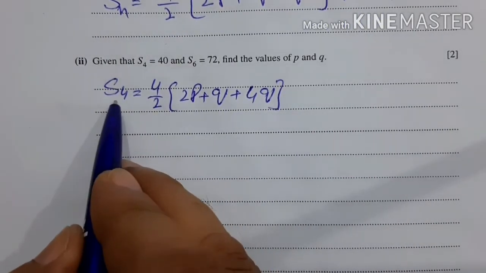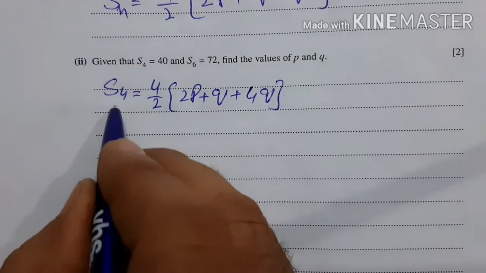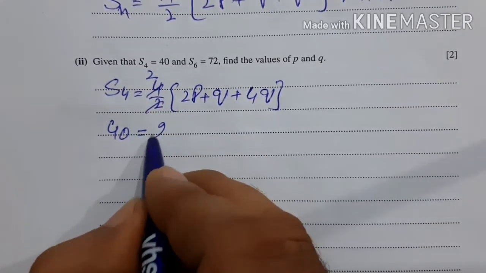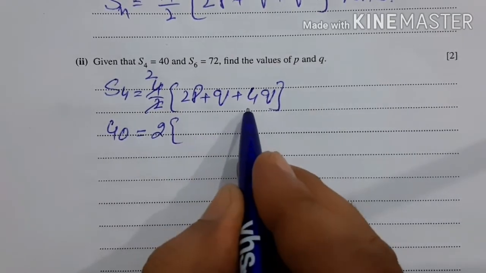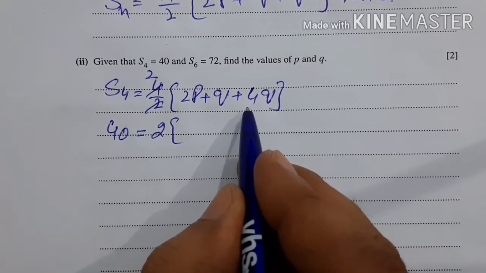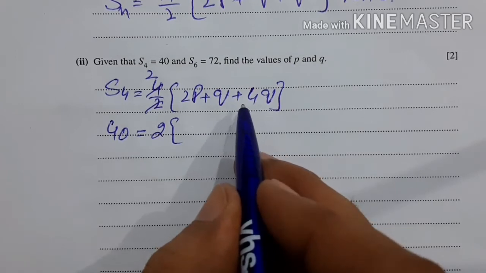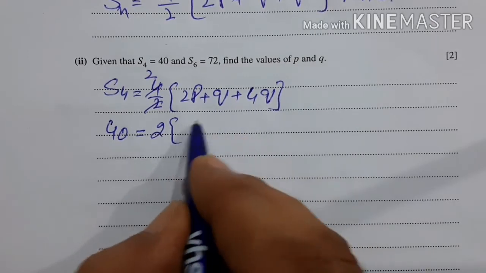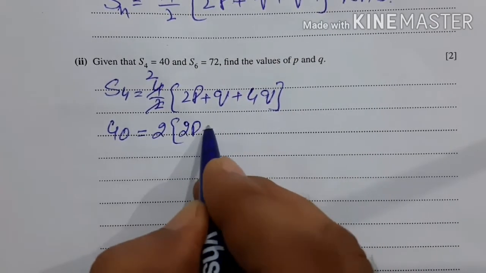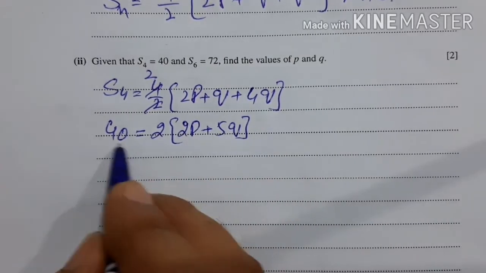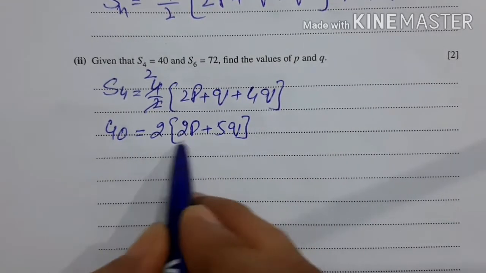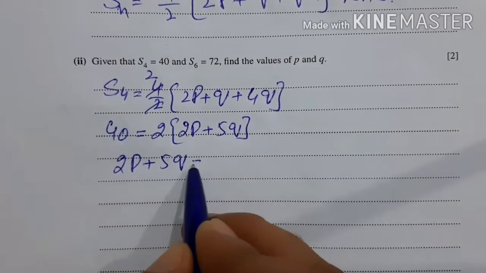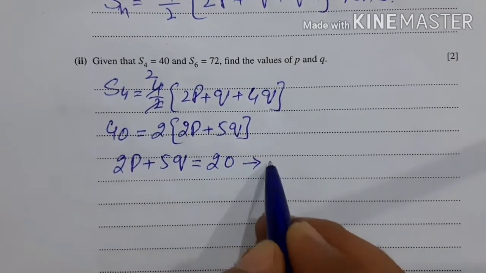The value of S4 is 40, so 40 is equal to 2 times 2p plus 5q. Take 2 on this side, so 2p plus 5q is equal to 20. This is equation number 1.